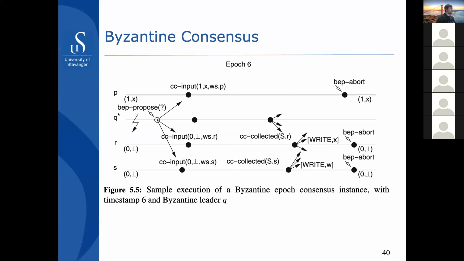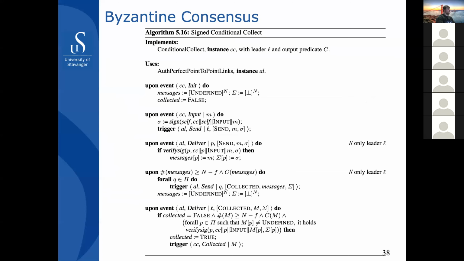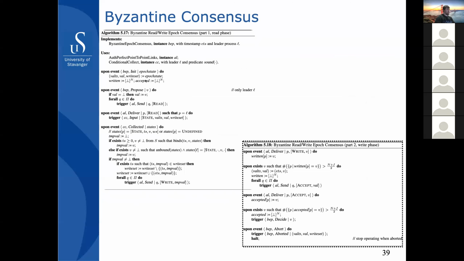This one has 1, x, 1, nil value, and so does s. So just to remind you, this is the epoch state here, that you see these processes have a different epoch state. And what is this val? When is this val defined here? We see that this is defined here when we have a sufficient number of write messages.